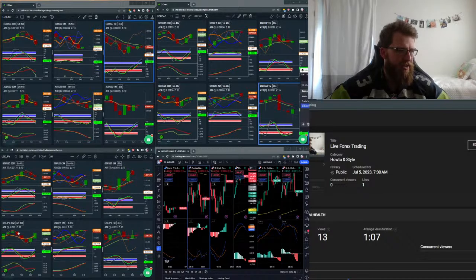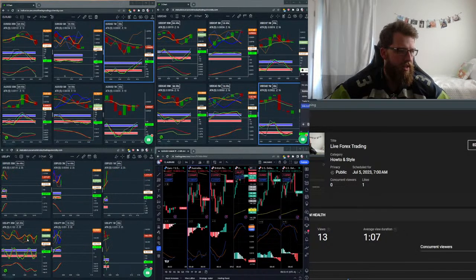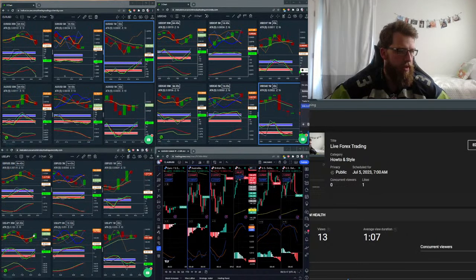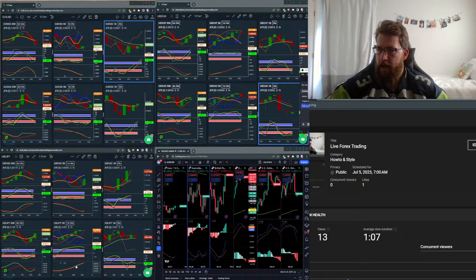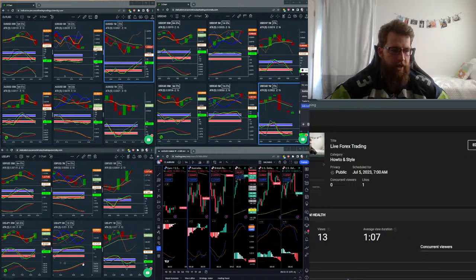I could see this going up a little bit more, maybe. But then again, we just got our cross here, which doesn't necessarily mean it's going to reverse immediately. It just means that we're open to the idea of taking a short trade, going short, bearish trade.